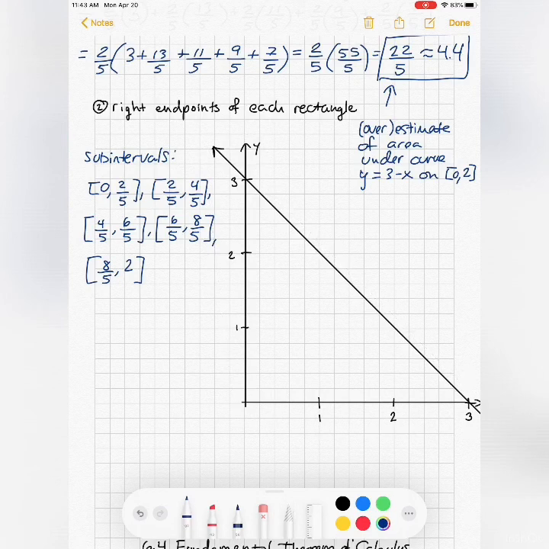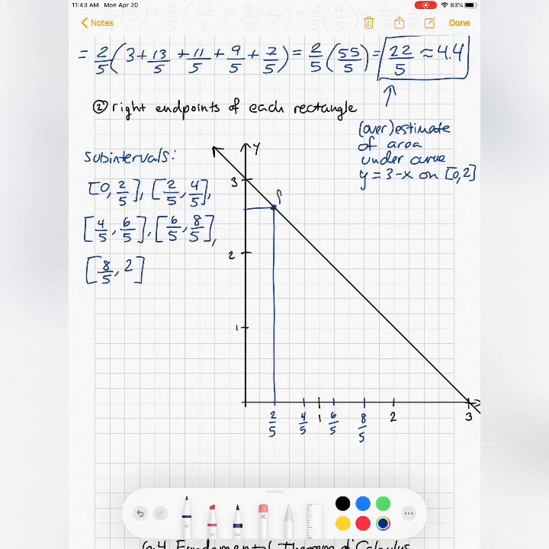Okay, so there's my 2/5, 4/5, 6/5, 8/5, and 2. Okay, but this time using the right endpoint. So I'm starting at the right side of the rectangle, and that's going to be the height that I use.